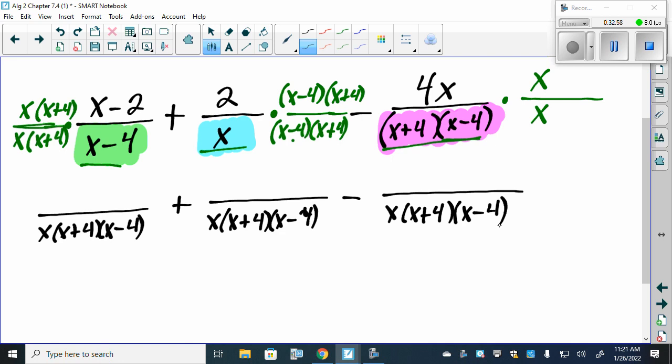Now the numerators we're going to need to multiply together. Now out of the three of these, one of these is actually really easy to multiply. That would be the one on the far right, because we do 4x times x, which is 4x squared, which isn't too bad.